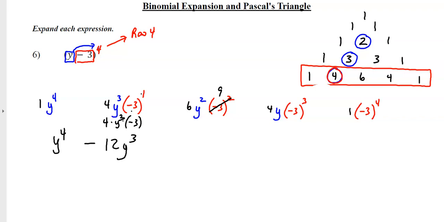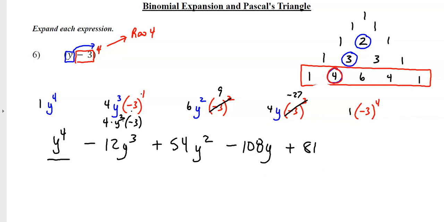And 9 times 6 is 54 y squared. Now, my next one, negative 3 times negative 3 times negative 3, that's going to be a negative 27. Negative 27 times 4 is negative 108, I believe. And then finally, negative 3 times itself 4 times, that's going to be a positive 81.